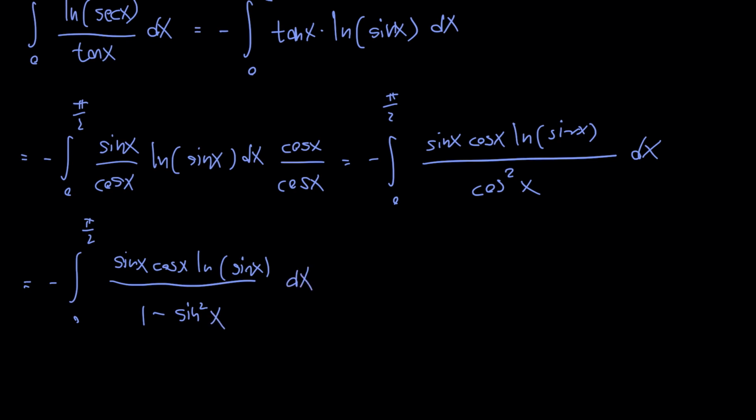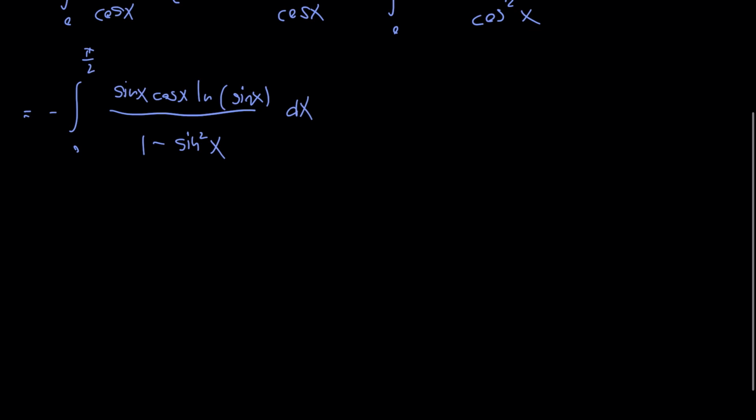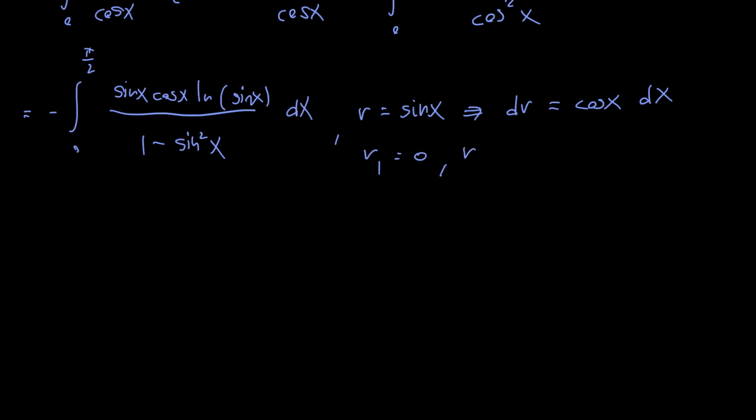And from here we could use a substitution. I'll let r equal the sine of x, which means that dr is cosine x dx. The bound r sub 1 will be the sine of 0, which is 0, and the sine of pi over 2 is 1.